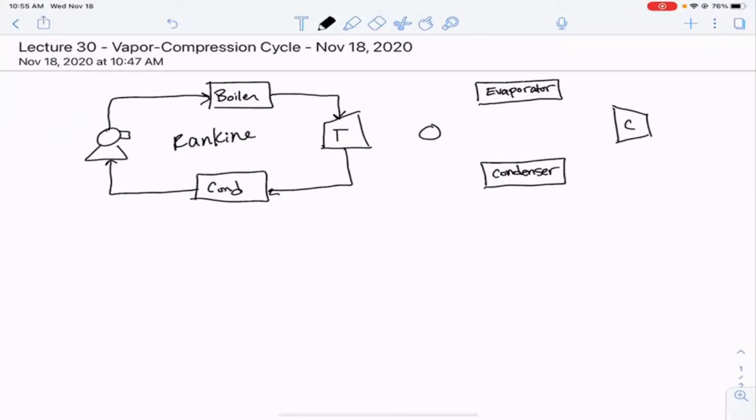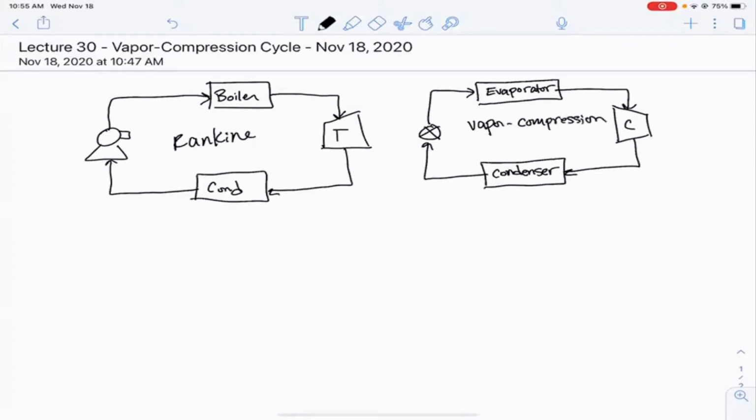So instead of having a pump, we're going to have a valve. And our cycle is going to go in this direction. We'll talk through the steps here in just a second. But that is refrigeration, or the vapor compression cycle.